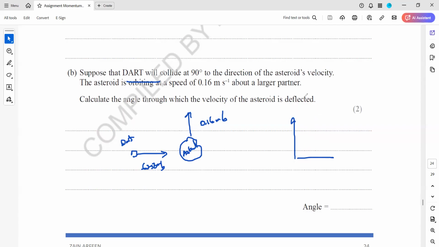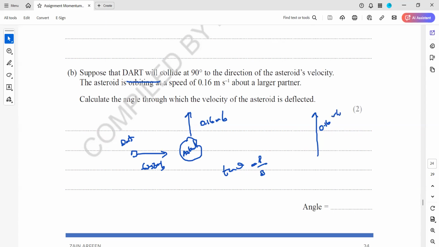So this will be the resultant velocity. We need the angle between them. So we make a right angle triangle and use tangent theta, which is perpendicular divided by base. So 0.16 meters per second is there.